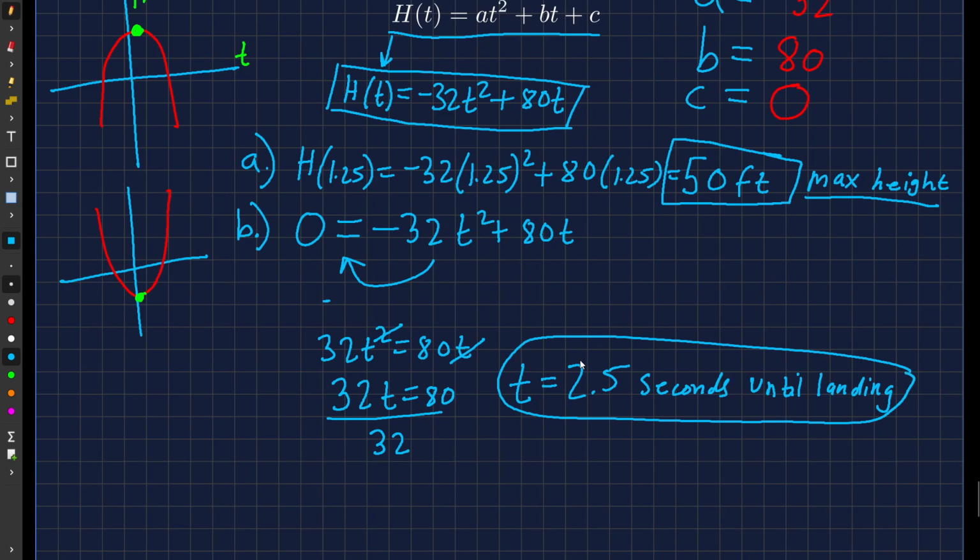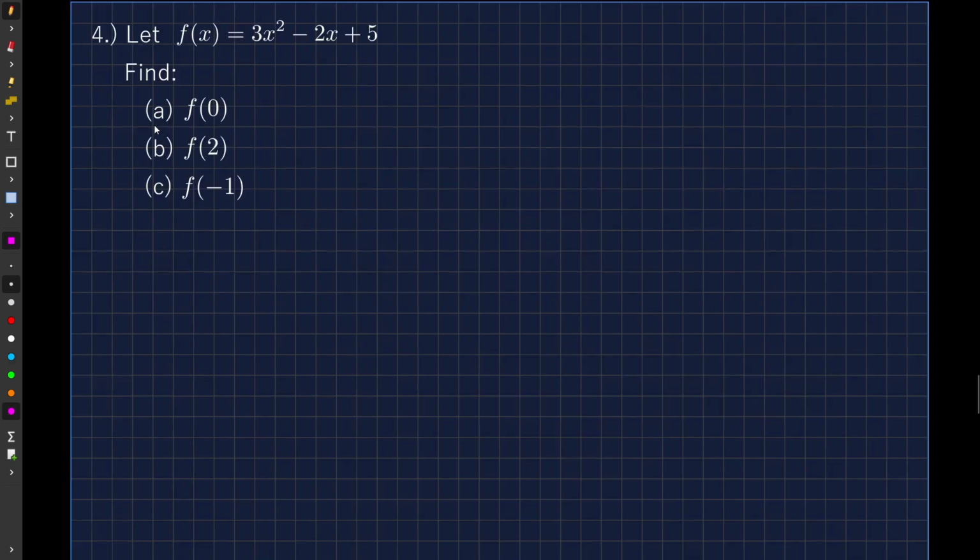And that's problem 3 complete. Now let's move on to problem 4. This problem asked us to evaluate this function at f of 0, f of 2, and f of negative 1. So this is pretty simple. All we have to do is plug in and find the answer.